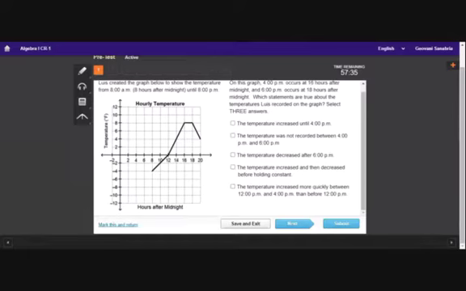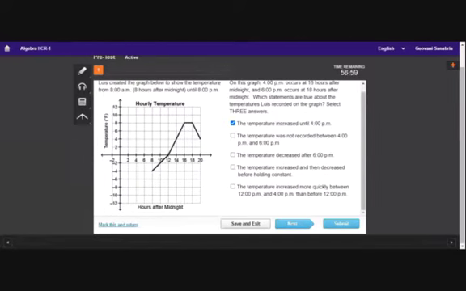So 4 p.m. is 16. Yeah. Okay. I got it. 16. Good. 4 p.m. is 16 hours, which is wrong, because at 16 hours the temperature is 8 degrees, right?